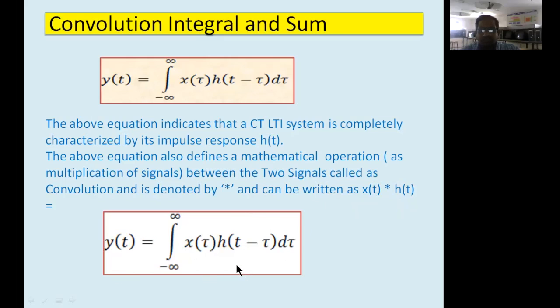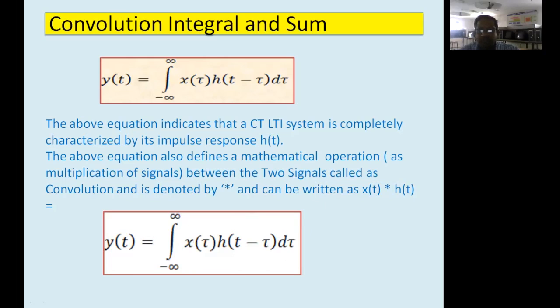In the next class, we will discuss the convolution sum. Convolution sum is normally applied for what type of systems? We normally apply it for discrete systems. For continuous signals, we perform the convolution integral. For discrete signals, we apply the convolution sum.